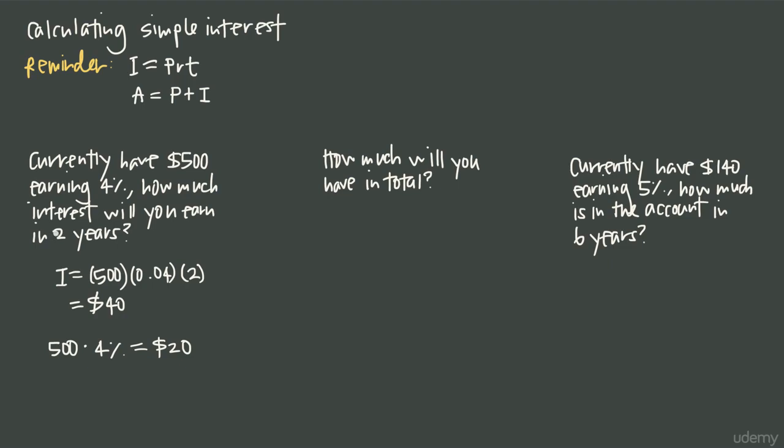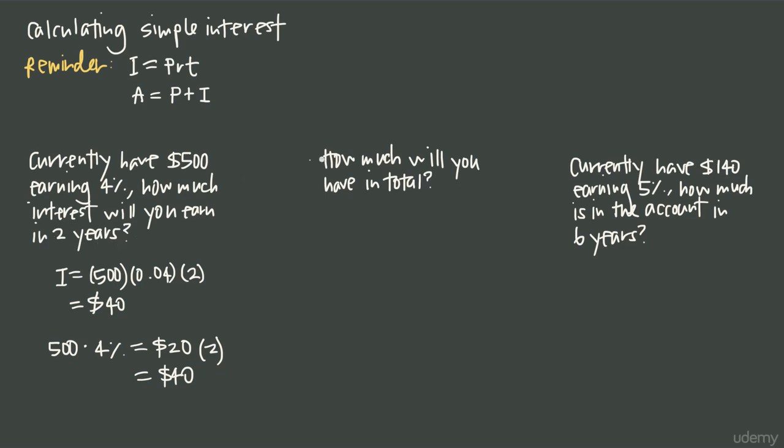In this case, we wanted to know the interest for 2 years, so we multiply 20 by 2, and we get $40. Then $40 is the total interest that we will earn on this account in this time period. So if it's easier for you, you can always calculate the interest you'll earn in 1 year and then multiply that by however many years you've been given.